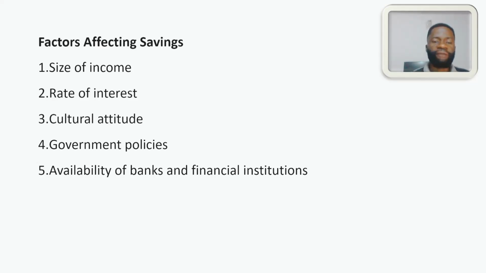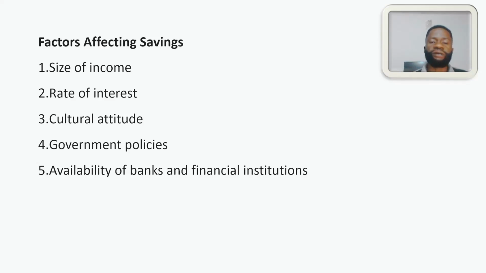Another point we want to look at is the government policies. Government policies can greatly influence the level of savings in an economy. Such policies like taxation, inflation control, interest rate policies, pension schemes, and saving incentives can influence or affect savings. When taxes are high, disposable income will be low.